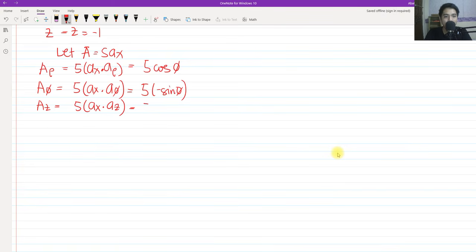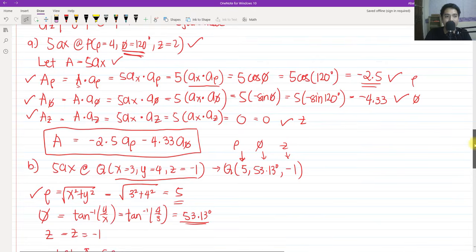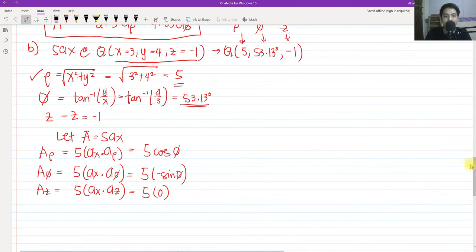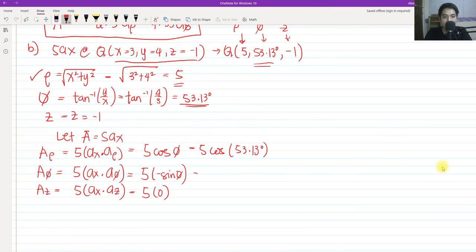And this would be 5 multiplied by 0, since a_x and a_z dotted give 0, so 5 times 0 would be 0. The phi now is actually 53.13, so we have 5 cosine of 53.13 and 5 multiplied by negative sine of 53.13 degrees. Then we have 0 here.